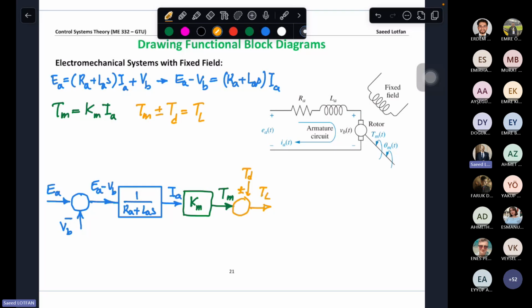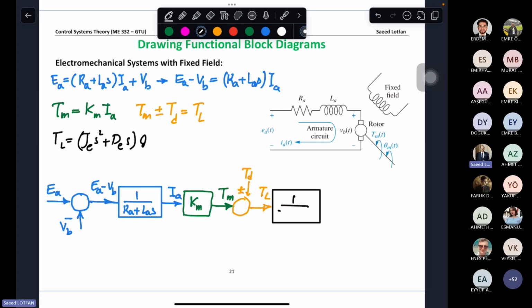And I know that TL is J equivalent s squared plus D equivalent s times theta, which means I can write 1 over JES plus DE gives me omega. And then, in order to show exactly what is going on, I have theta. We separate omega and theta.